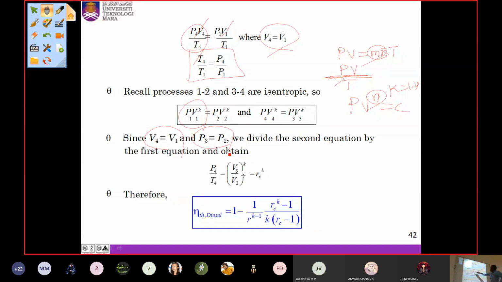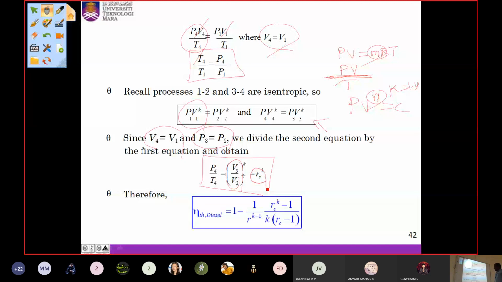So if you substitute the values in this equation, we can finally get P4 by P1 is equal to V3 by V2 power k. We know very well V3 by V2 here is the cutoff ratio.